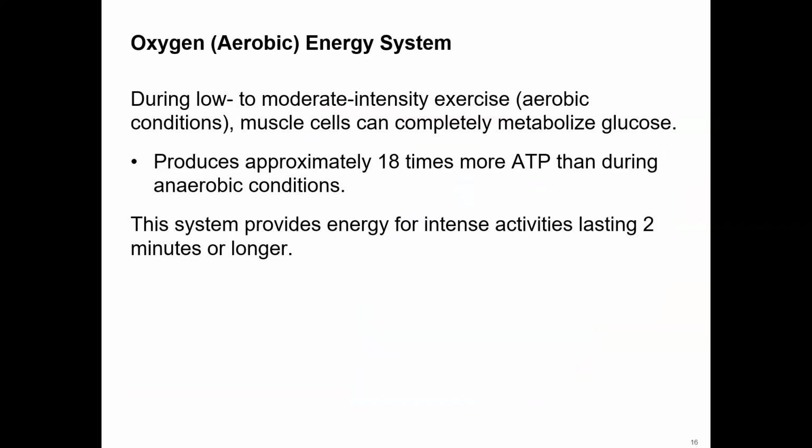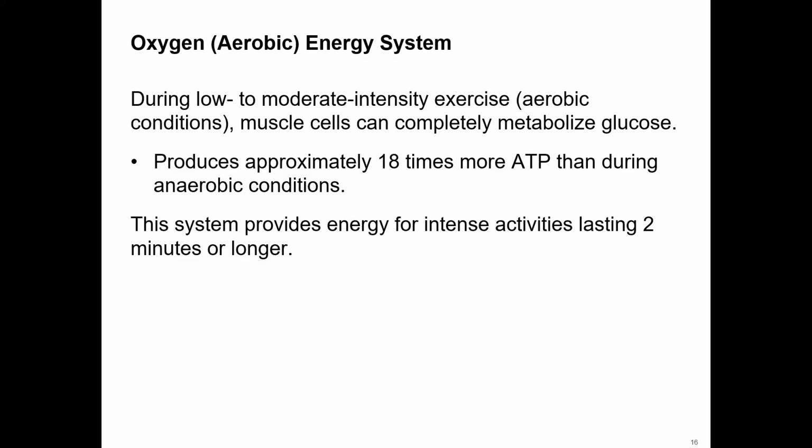So what about oxygen demand? Usually, when we're doing low intensity exercises or some moderate intensity exercises, we can break down glucose, not a problem. We're going through aerobic respiration. We're making lots of ATP. They suggest 18 times more ATP during aerobic respiration, aerobic energy systems, compared to anaerobic.